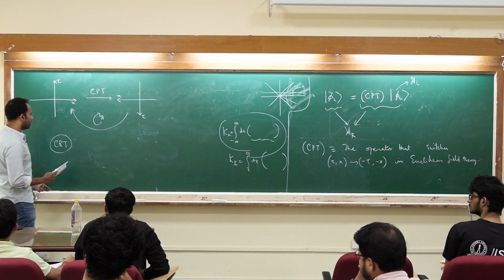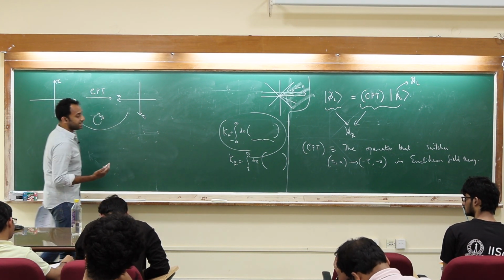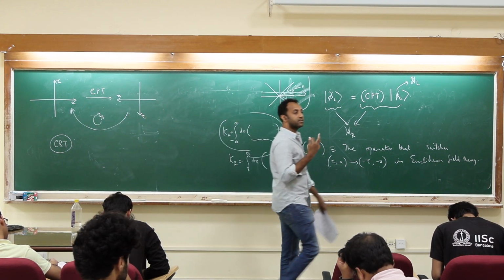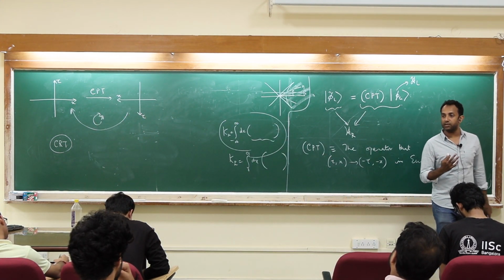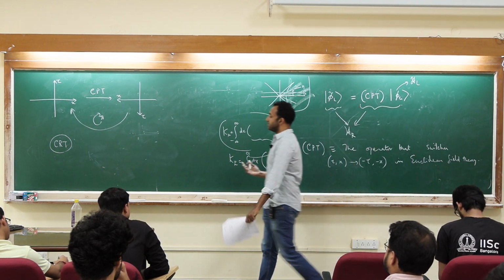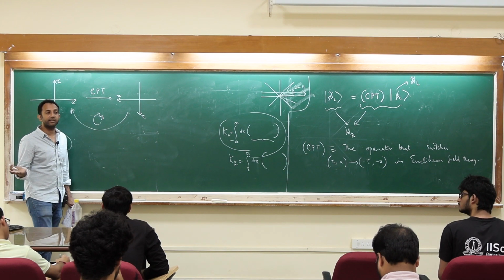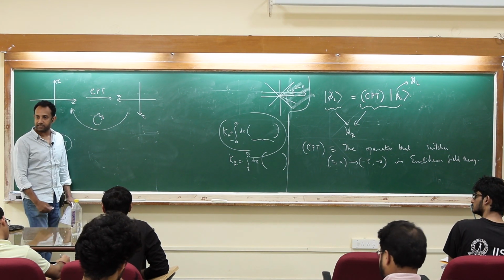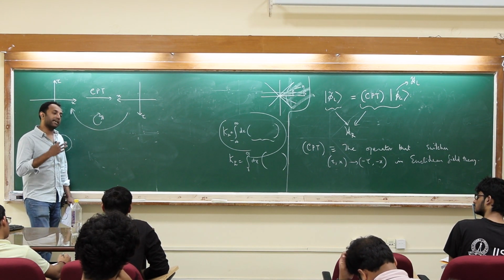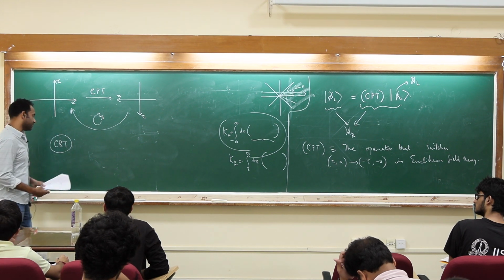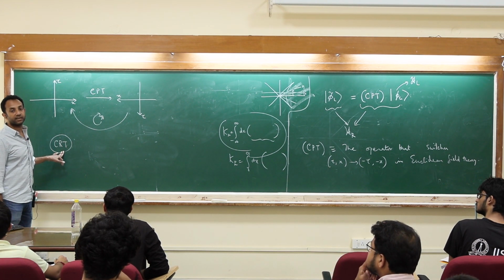Okay, so the point is that CRT is a symmetry of any Euclidean quantum field theory just by the fact that rotations are a symmetry of Euclidean quantum field theory. Lorentz invariant theories, when you are in Euclidean signature, are always rotationally invariant. So any theory that is rotationally invariant in Euclidean signature must necessarily be invariant under CRT as well.